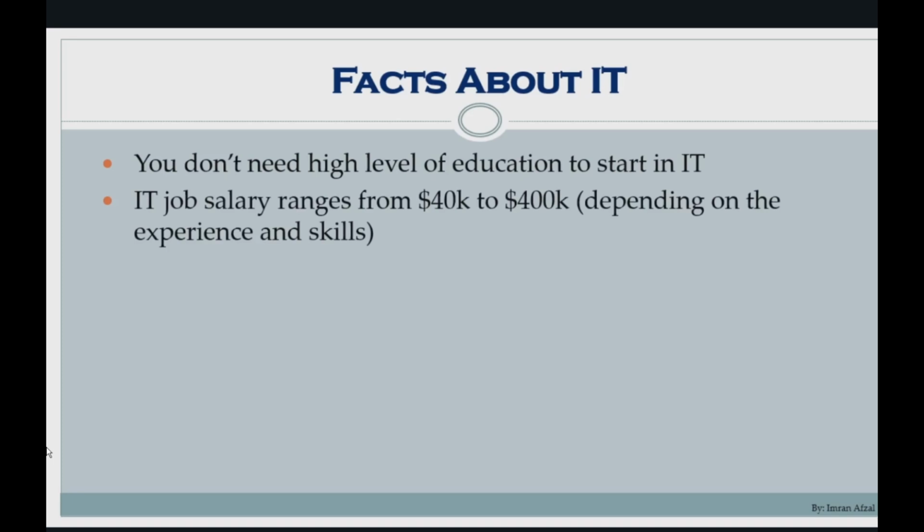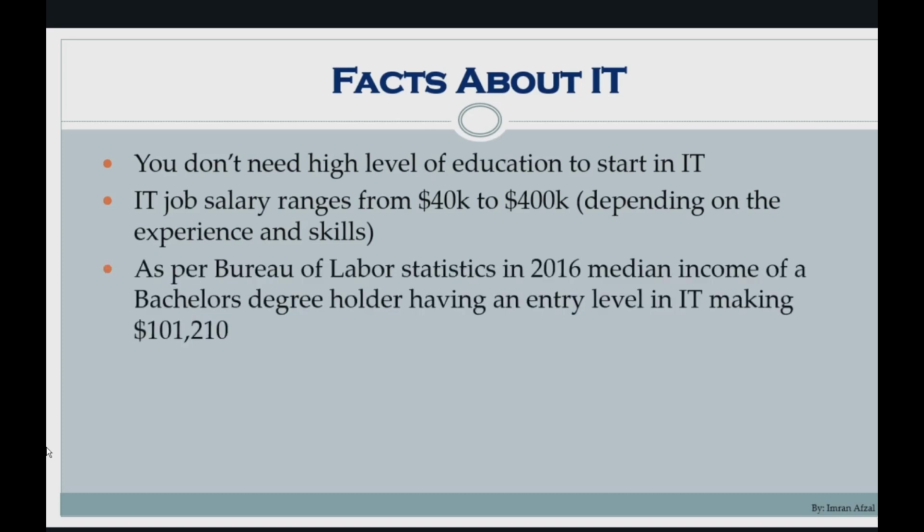IT job salary ranges from $40,000 to $400,000. Again, it depends on your experience, your skills, and of course your qualification. As per the Bureau of Labor Statistics, in 2016, the median income of a bachelor's degree holder having an entry level job in IT is above $100,000.